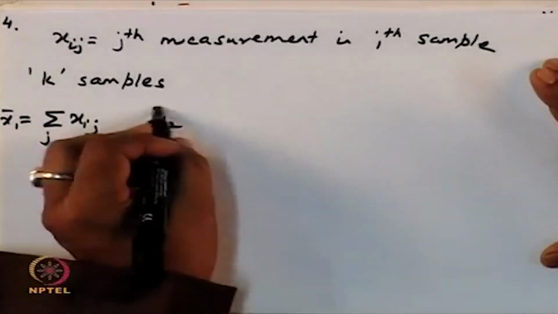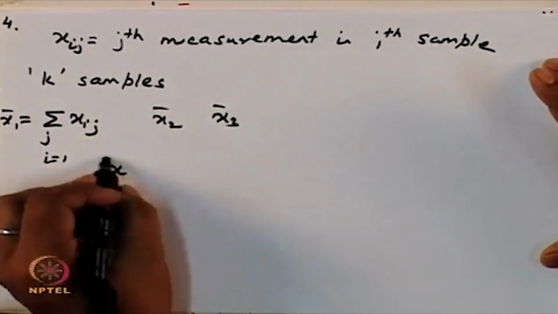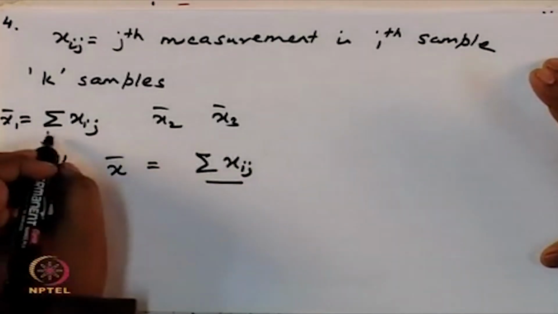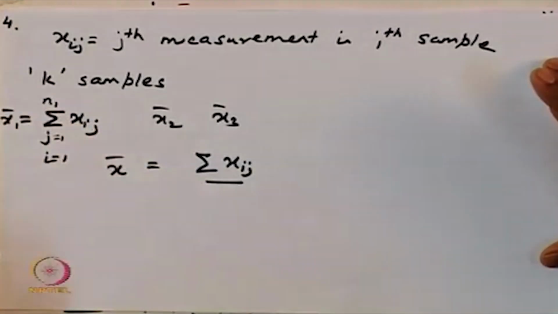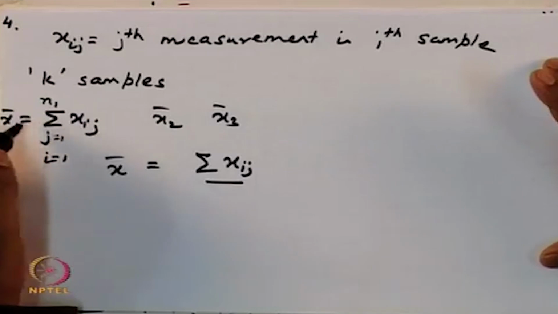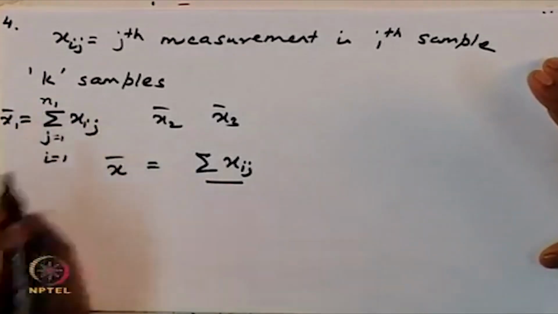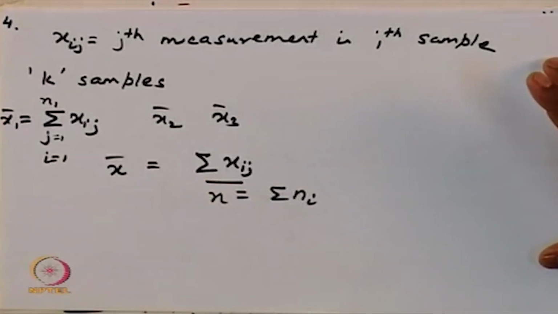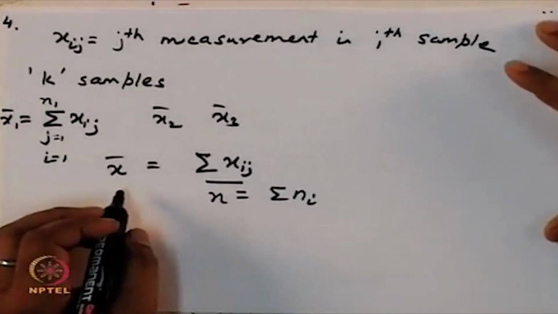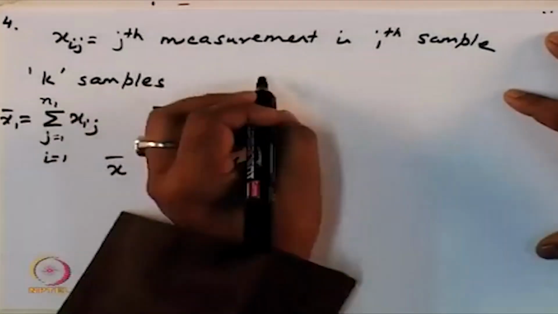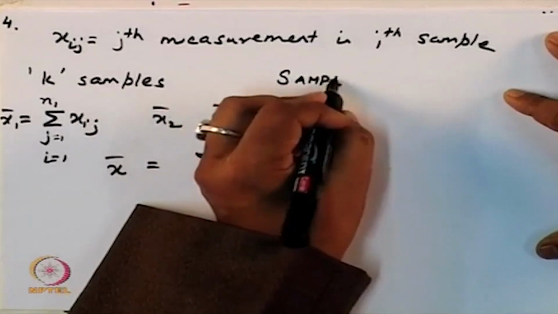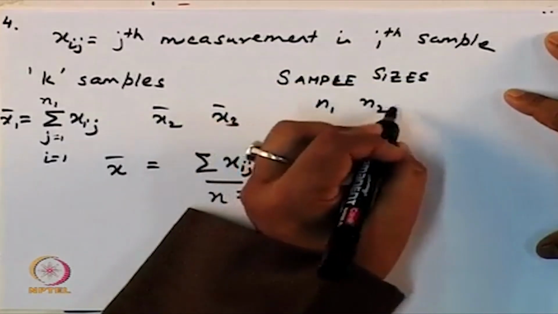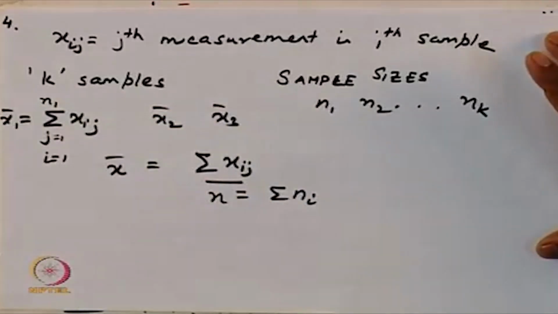Similarly you have x2 bar, x3 bar, and you can also calculate x bar, which is summation Xij for all, with j equal to 1 to n1, where n1 is the sample size of population 1. Similarly, you can do all. So, summation Xij by n, where n is defined as summation of ni. You can define this x bar, and your sample sizes are n1, n2, nk, where k is the total number of populations.